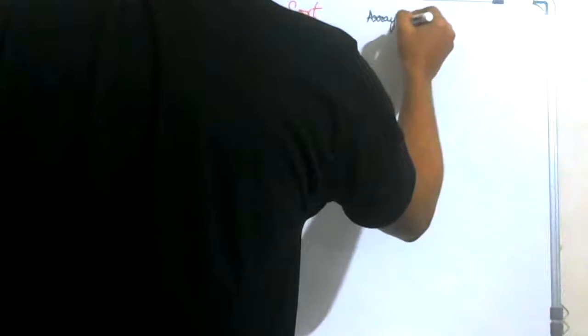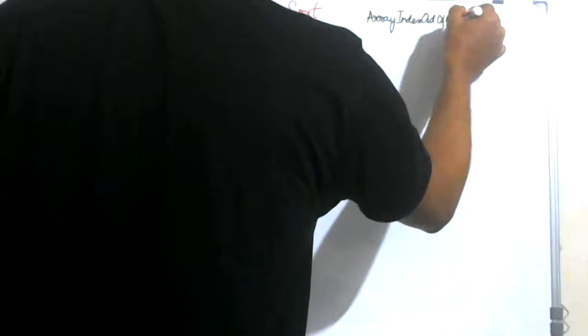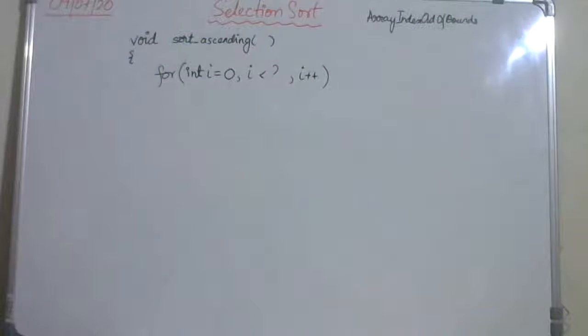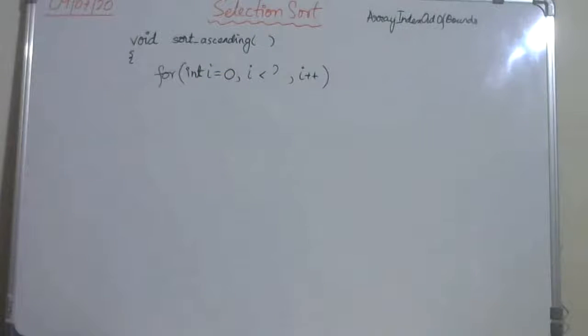Array index out of bounds. This is an error that you might get if you mess up the value here in the for loop. Array index out of bounds basically means that you are trying to access an element that does not exist in your current array.